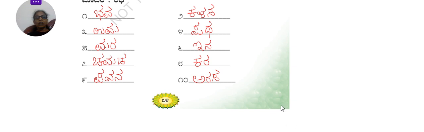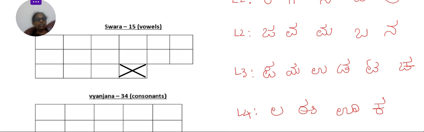So now let's look at where is the place of all these alphabets. We have already seen alphabets. This is the swara. In all this we have seen in the previous 7 lessons.